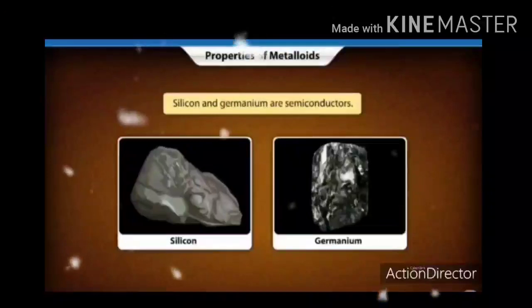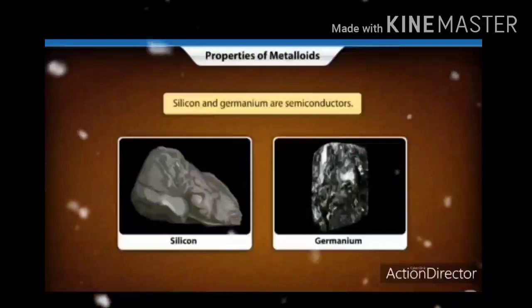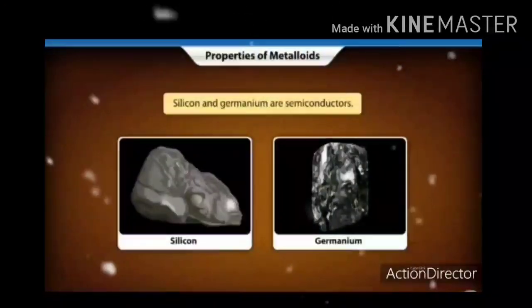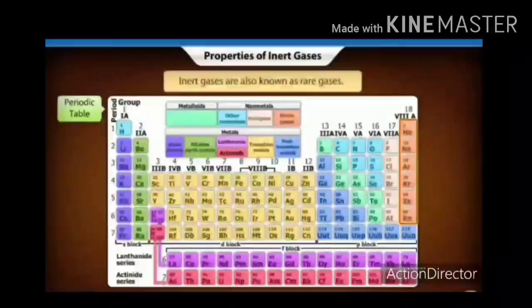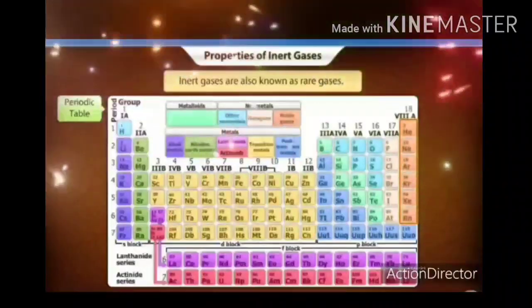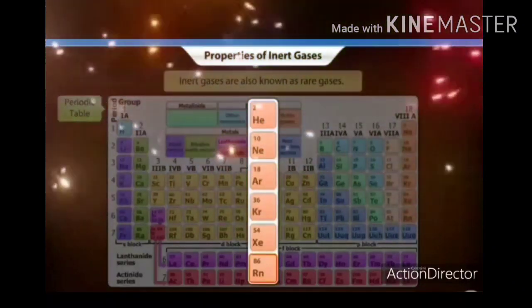The fourth category of elements is the noble gases. Noble gases, as the word suggests, are noble in nature. They are also called inert gases because they do not react chemically with other elements. They are chemically less reactive and gaseous in nature. They occur in the free state in air or atmosphere in very small amounts and exist as monoatomic molecules.